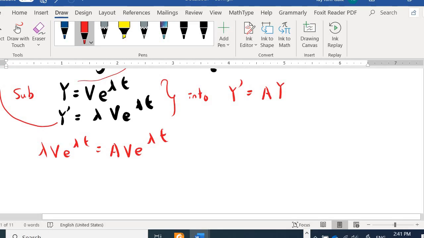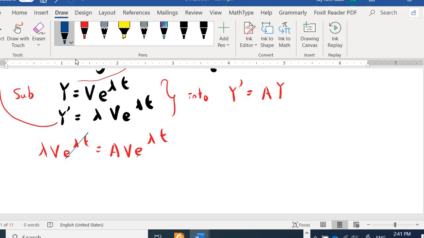Then, as I said yesterday, we can cancel out exponent lambda t. So you have Av minus lambda v equal to 0. Then A minus, and we multiply lambda by I.